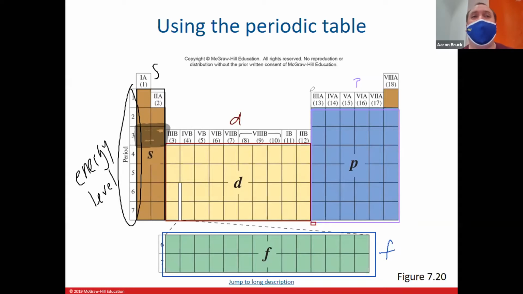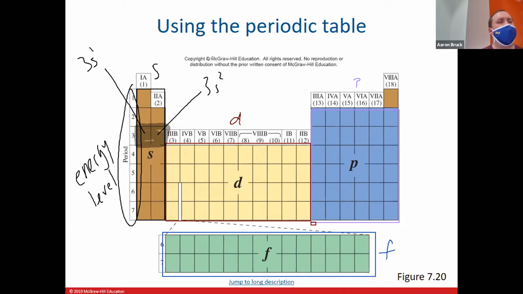How do I tell the difference between them? Position. This would be 3S1 because it's the first block in the zone. This would be 3S2, the second block in the zone.